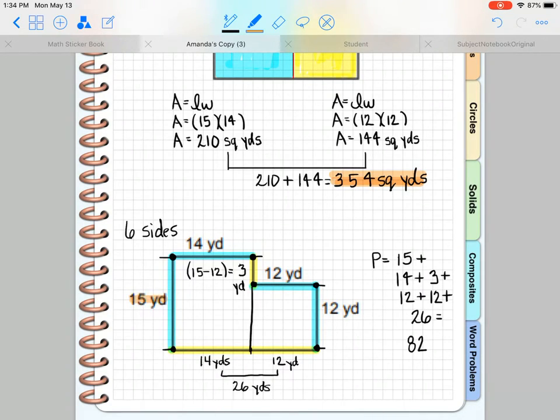Okay, I did 15 plus 14 plus 3 plus 12 plus 12 plus 26. And let me check that one more time. I am very bad about missing numbers or reversing numbers, but I'm getting this twice, so I will assume that 82 yards is the perimeter of this shape.